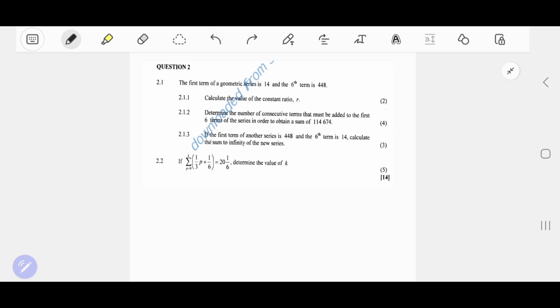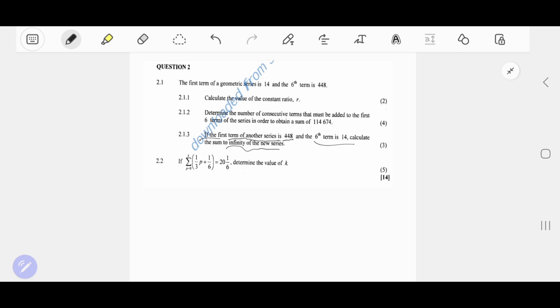They are saying that the first term of another series is 448, and the sixth term of the series is 14. They say calculate the sum to infinity of this new series.